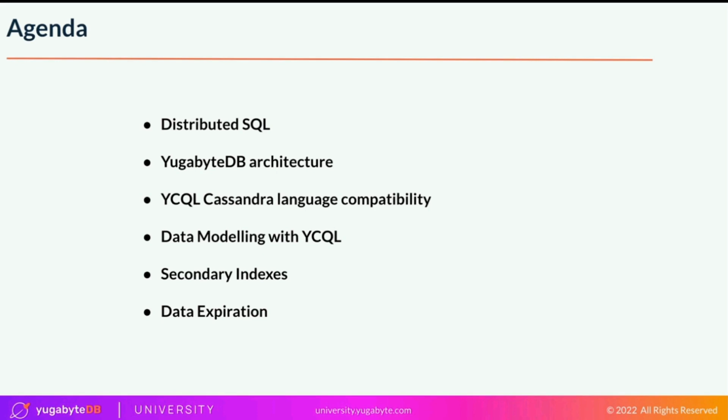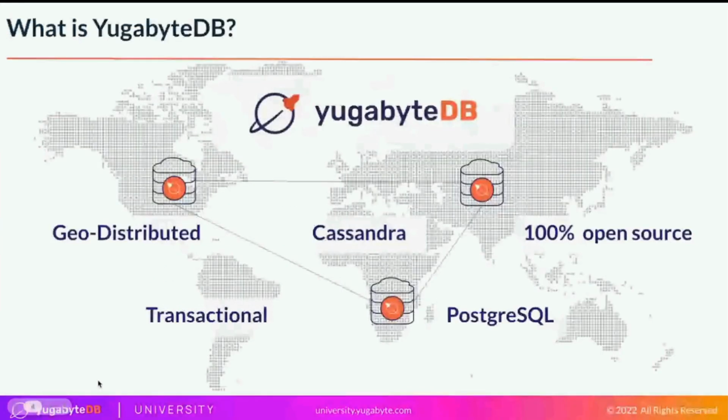And then of course, we'll dive even deeper into what makes YCQL unique, and that is our semi-relational data modeling. And then we'll dive a little bit deeper into how secondary indexes really improve your query performance, as well as talk a little bit about data expiration. Next slide, please.